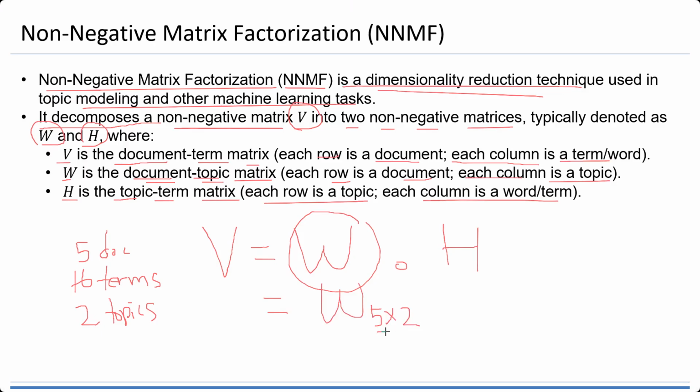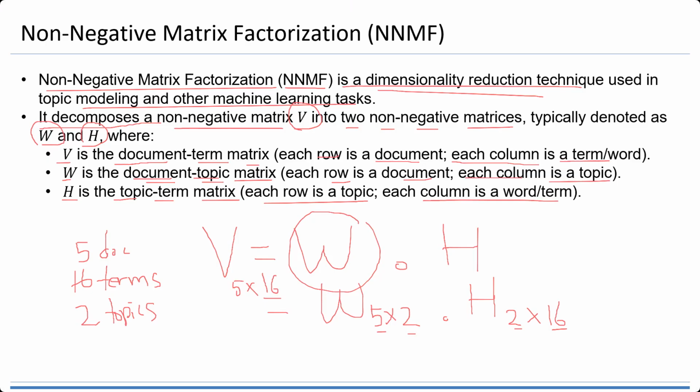We have 5 documents and 2 topics, and then we will have the H. It is the topic term matrix, so it will be 2 multiplied by 16, and we will have the matrix V, which is the document term matrix, 5 multiplied by 16.